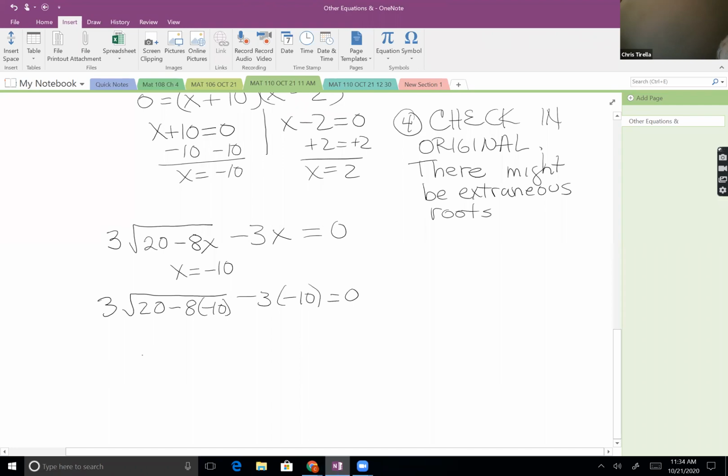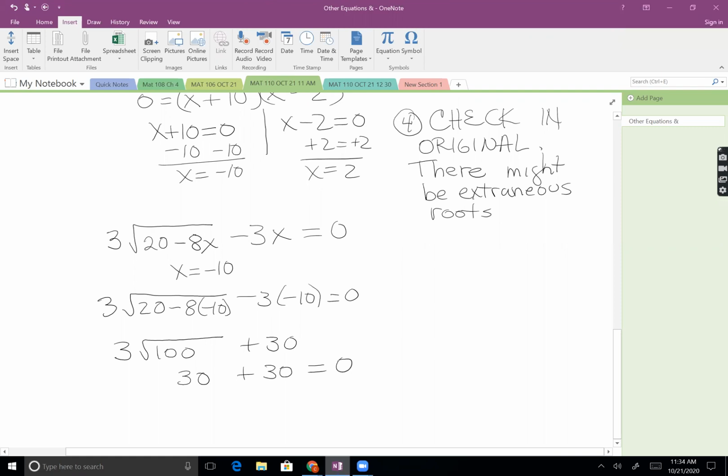And that gives me 3 times the square root of 100, plus 30, which gives me 30 plus 30. Does 30 plus 30 equal 0? No. And so we're going to reject this as a solution. While it worked for our derived equation, it doesn't work for our original equation.